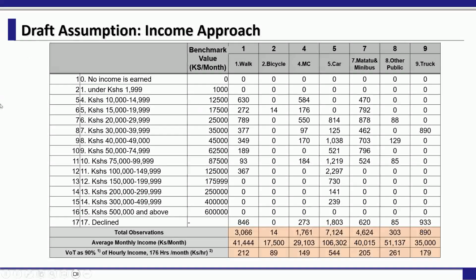This value of time is developed based on last year's person trip survey for the adjoining counties. The income approach asks how much an hour is worth to you. It is a very critical question.